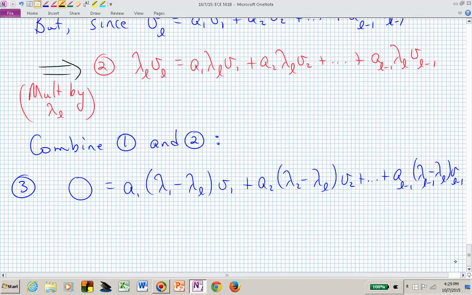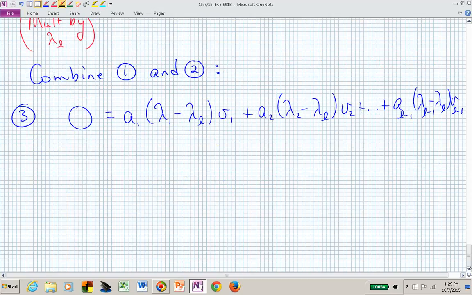What do we have on the right-hand side? We have all of our previous L minus 1 vectors, and they are somehow combined to give us 0. And how are they being combined? By coefficients or by scalars. We have an a1 times a scalar. We have an a2 times a scalar. So let me write down what I'm trying to say.